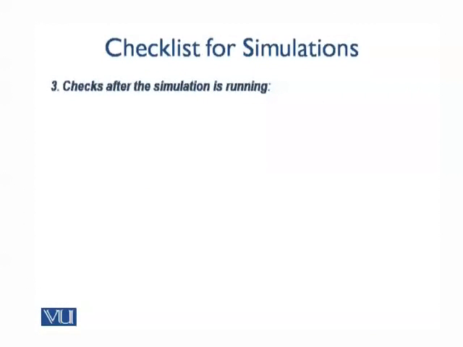And lastly, in the checklist regarding simulations, we can talk about the various guidelines that apply to the output of the simulation. So once we have the simulation running, there are various things that we can do. We can properly do output analysis, and for that we have to ensure that the simulation length is appropriate.